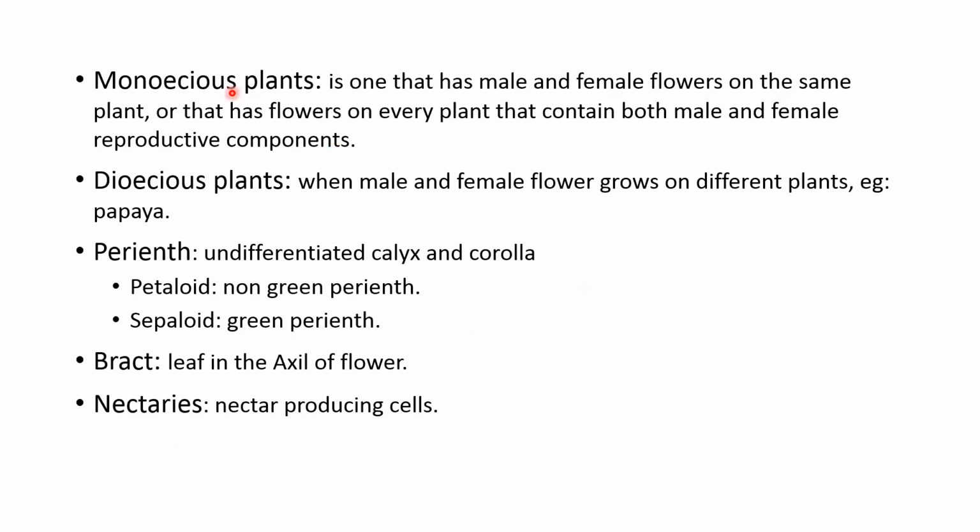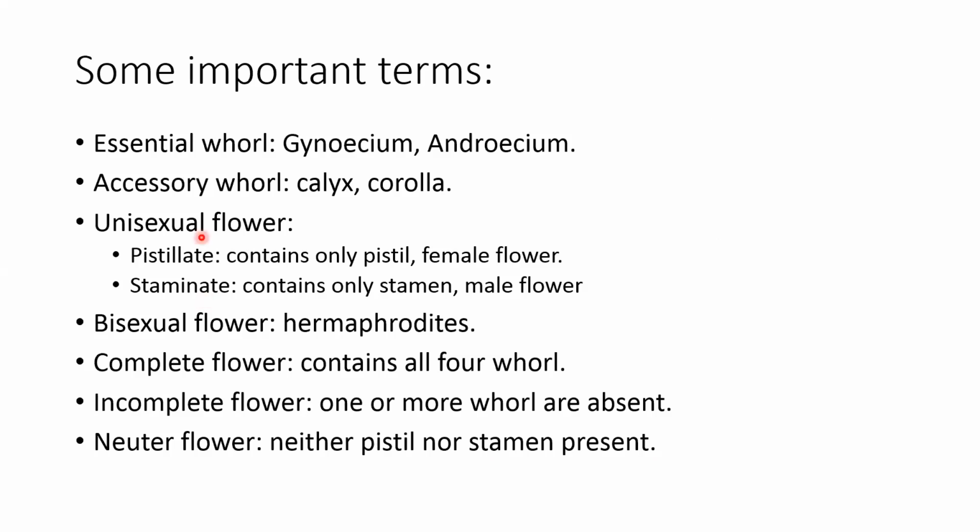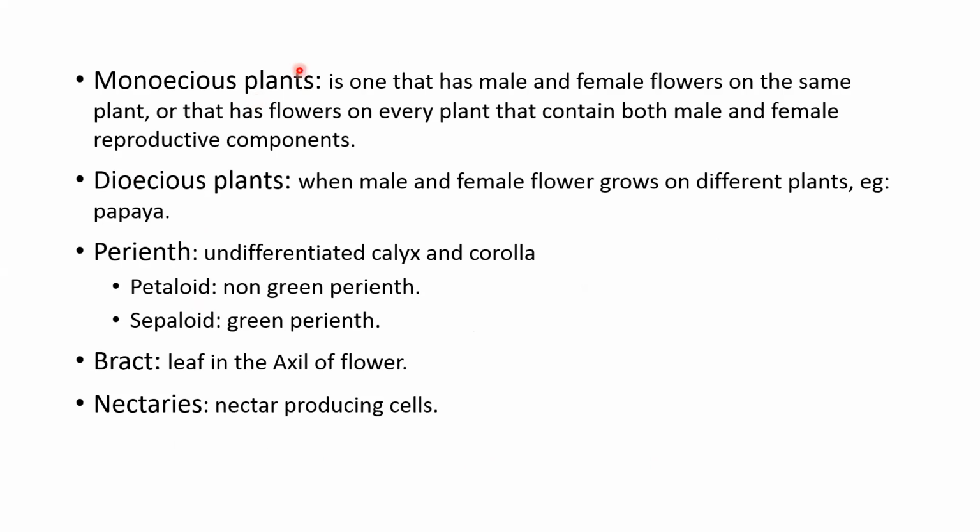Then monoecious plants. Now here I have talked about flower, unisexual flower, bisexual flower. Now I am talking about plants. Monoecious plants are those which contain male and female flowers on the same plant. When both the sexes are present either on the same plant or on the same flower, this kind of plant is known as monoecious plant.